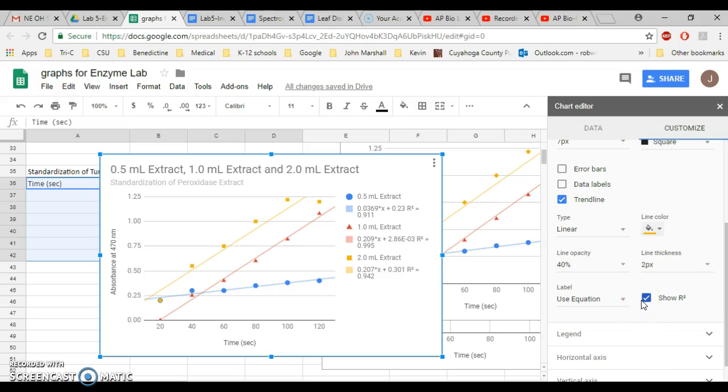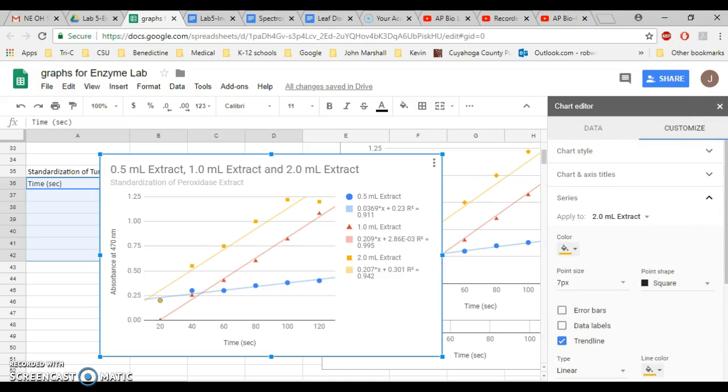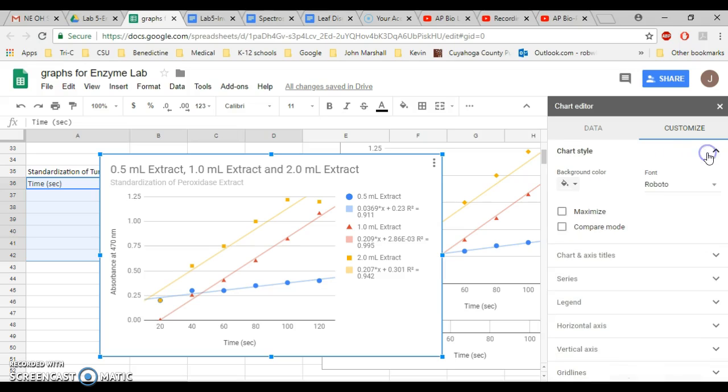And you can see very, very readily that the best linear graph with the best absorbance range is definitely the 1 mil extract. Now we will do this for our graph because if we don't do this for our graph, we don't know if our graph is correct or not.